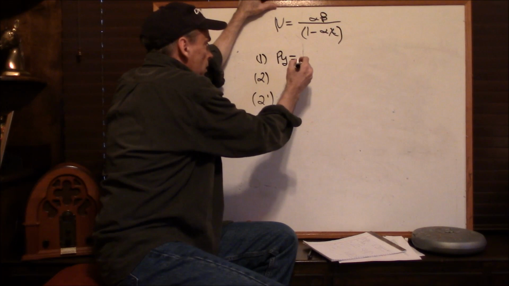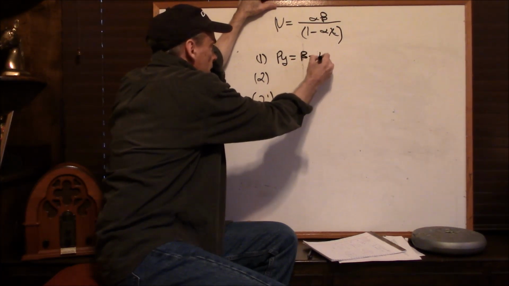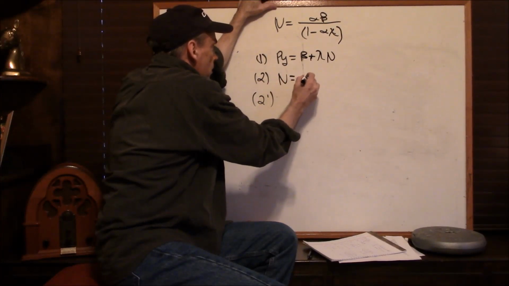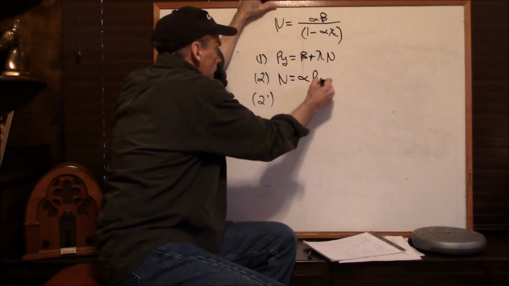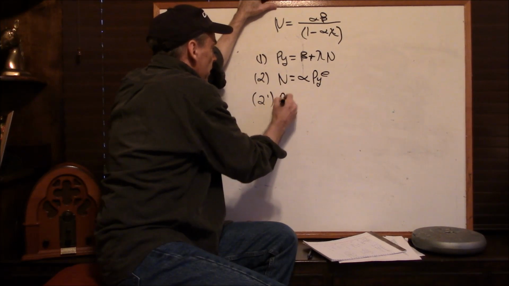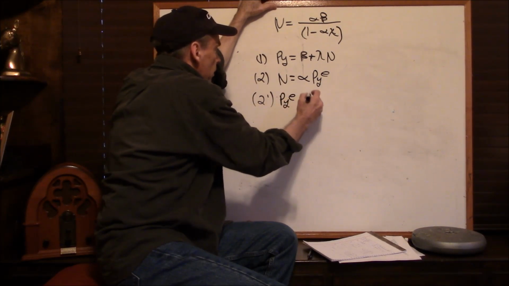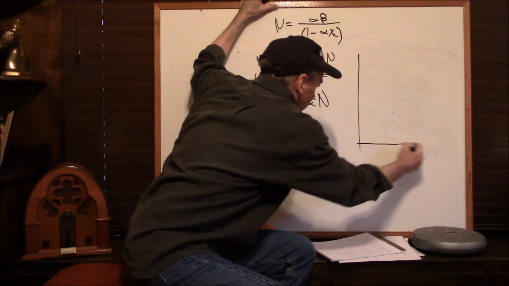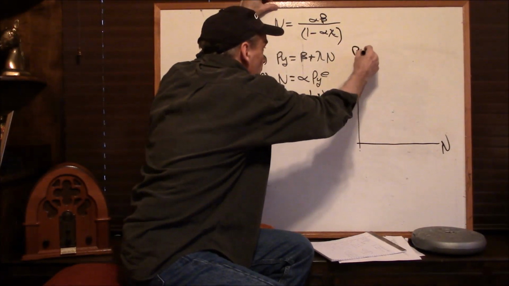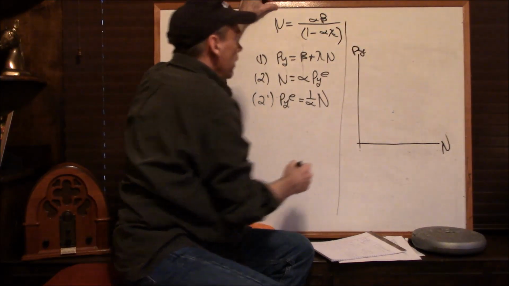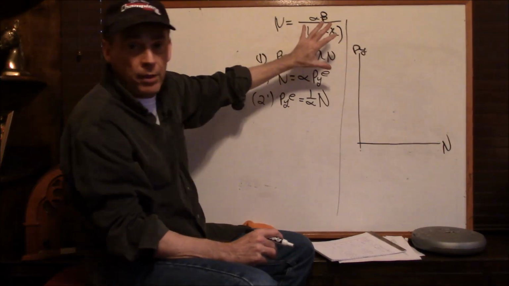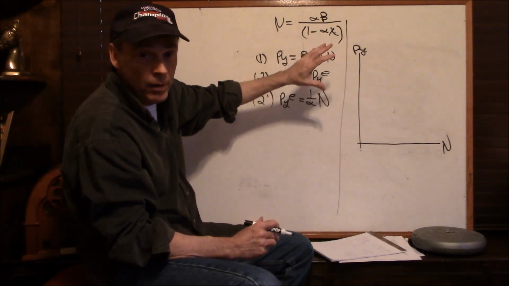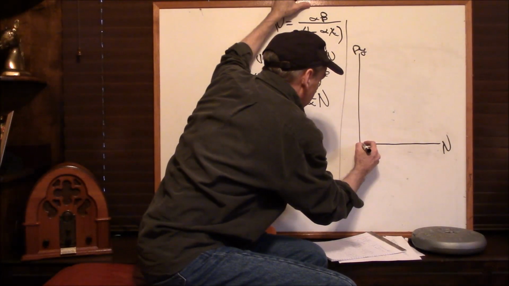Py equals, don't tell me, beta plus lambda n. And this is n equals alpha times py expected. And therefore, py expected is equal to 1 over alpha n. Now, if you end up with a negative solution, it's going to be because the demand curve is actually steeper than the supply curve in this way.